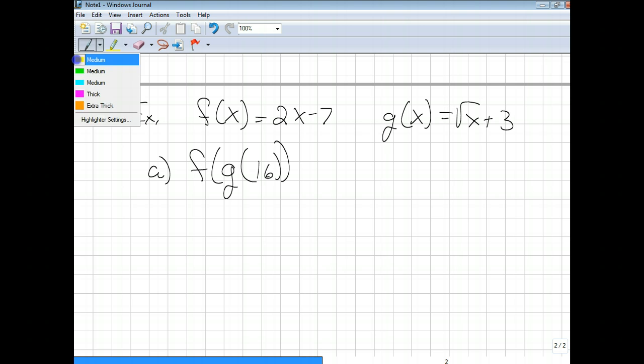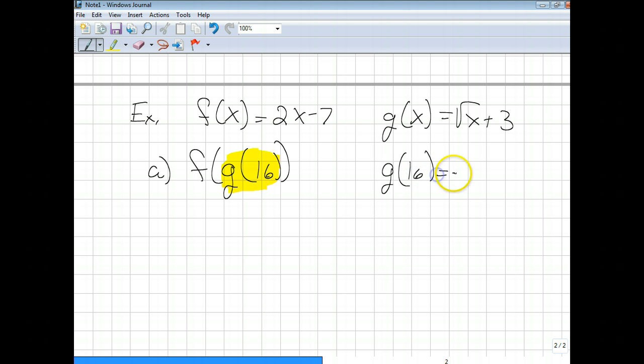Well, we start with the innermost function. We start on the inside, and we find the value of that function. So g of 16 equals the square root of 16 plus 3, or 4 plus 3, or 7. So g of 16 is exactly equal to 7.